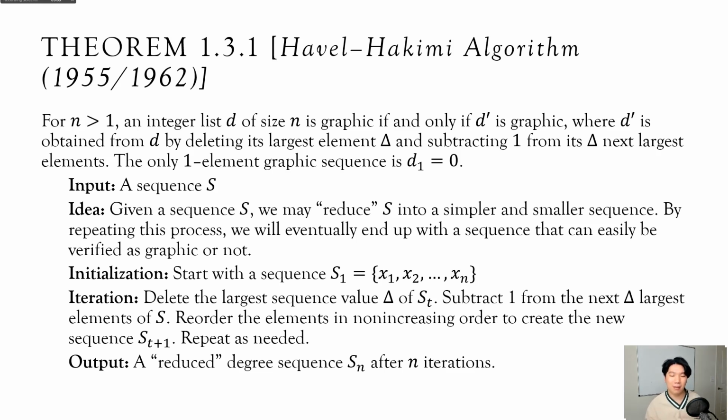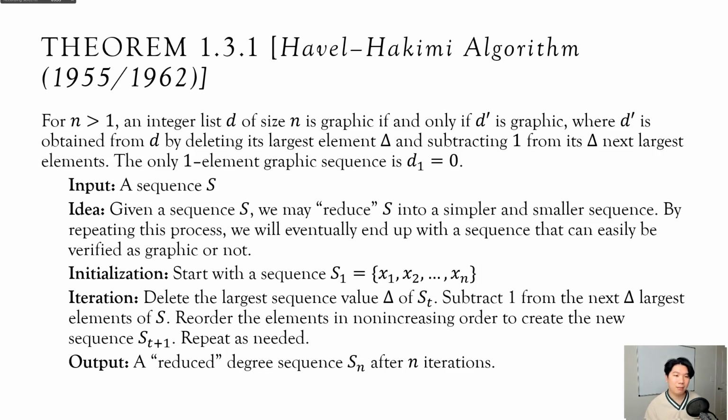They both found this algorithm independently of each other, if I'm remembering correctly. Whenever we talk about algorithms, a lot of times we want to discuss them in terms of an input and an output. That is, what do we give the algorithm and what do we want the algorithm to return back to us?